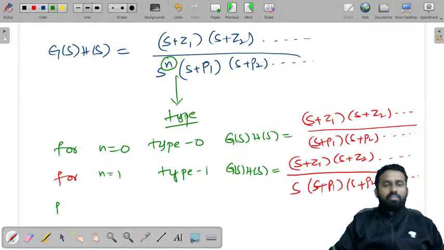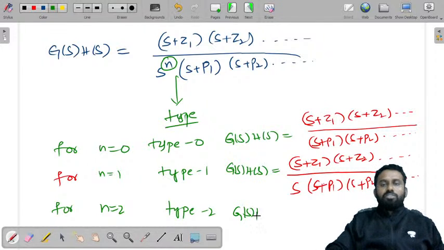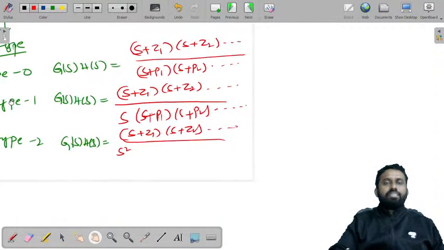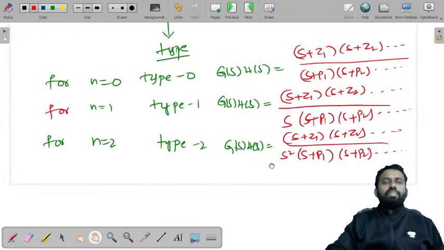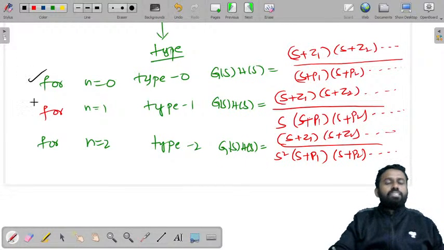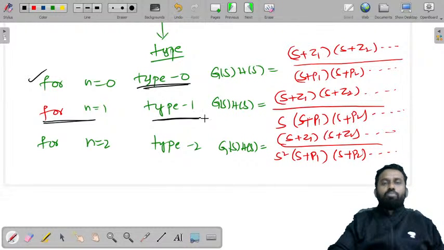Now for n is equal to 2, that is a type 2 system, g of s into h of s is equal to s plus z1 into s plus z2 and so on by s square into s plus p1 into s plus p2 and so on. So these are the values. Just listen. N is equal to 0, type 0 and you don't get any s. N is equal to 1, type 1, you get 1 s. N is equal to 2, type 2 and s square.